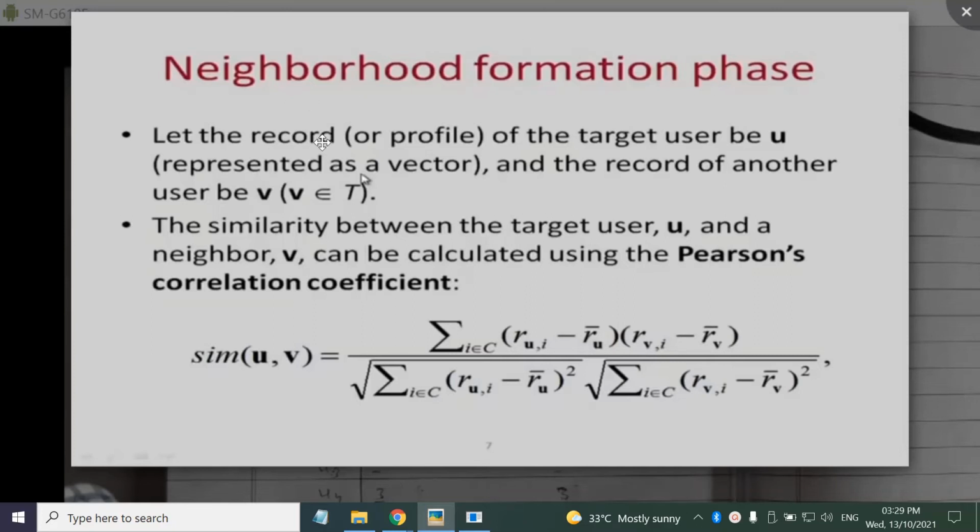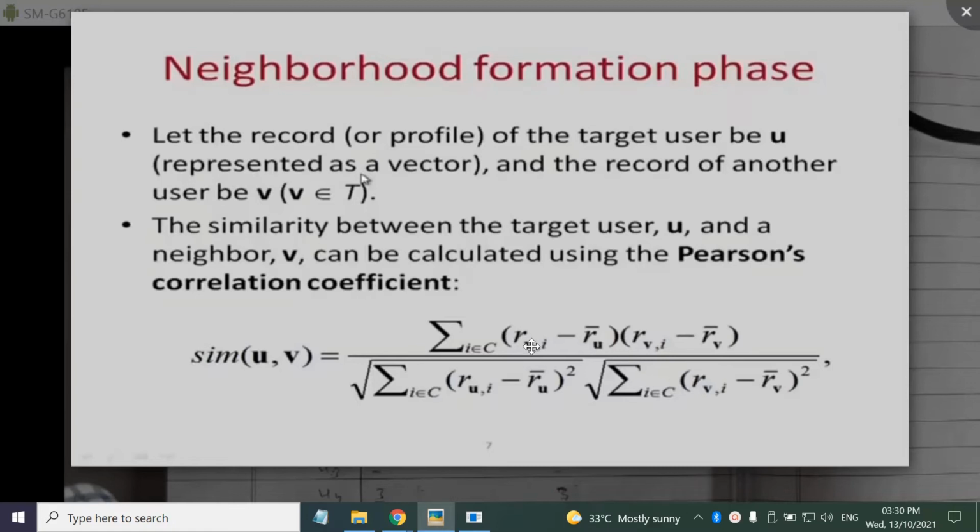So let the record of a target user be u and the record of another user be v. u is one row, v is another row. We want to find the similarity between them, so we can use Pearson's correlation coefficient. Here R represents the rating. How to read this?